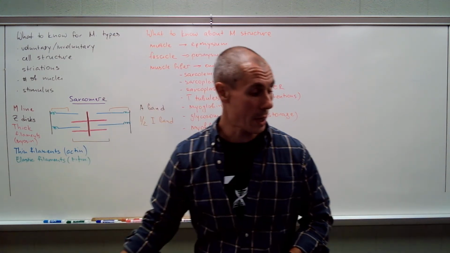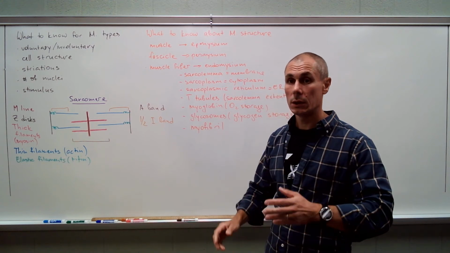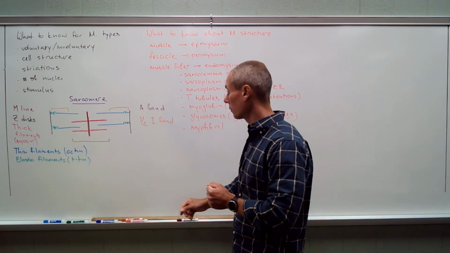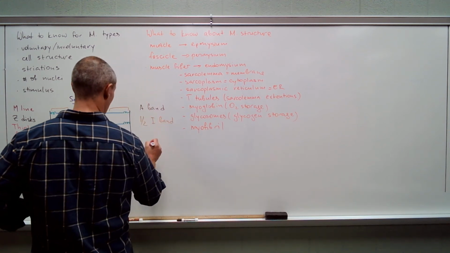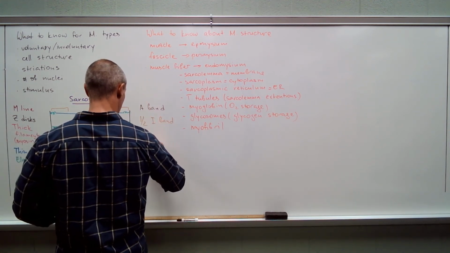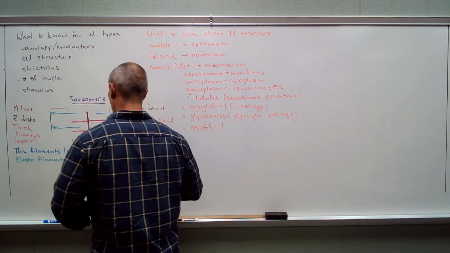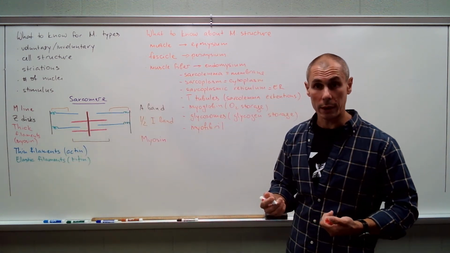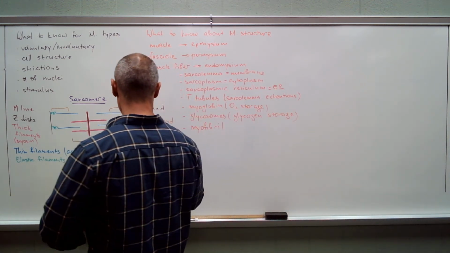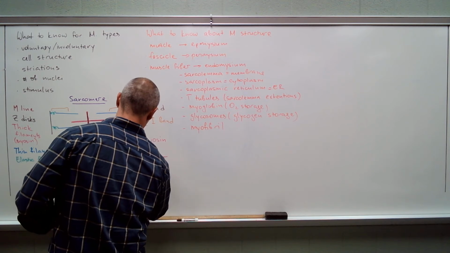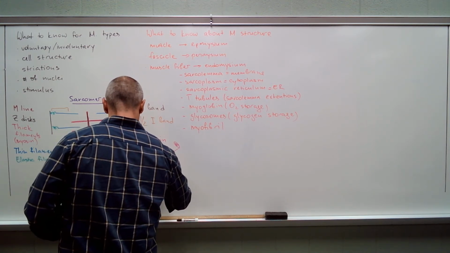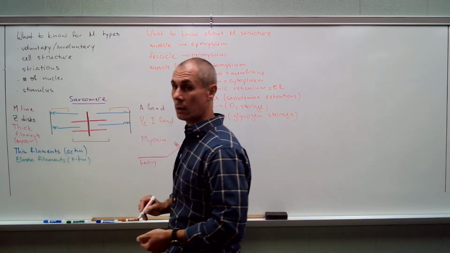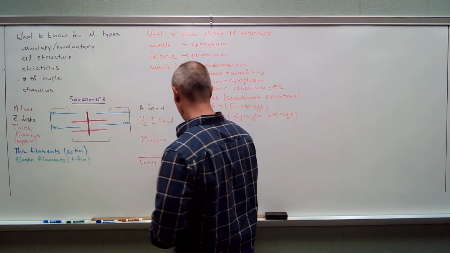So how does the contraction happen? The myosin protein has two parts. It has a heavy chain and it has a light chain.